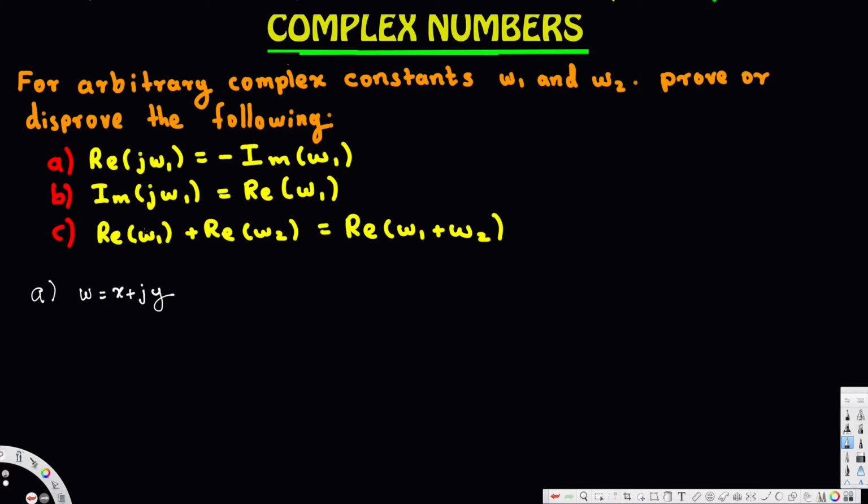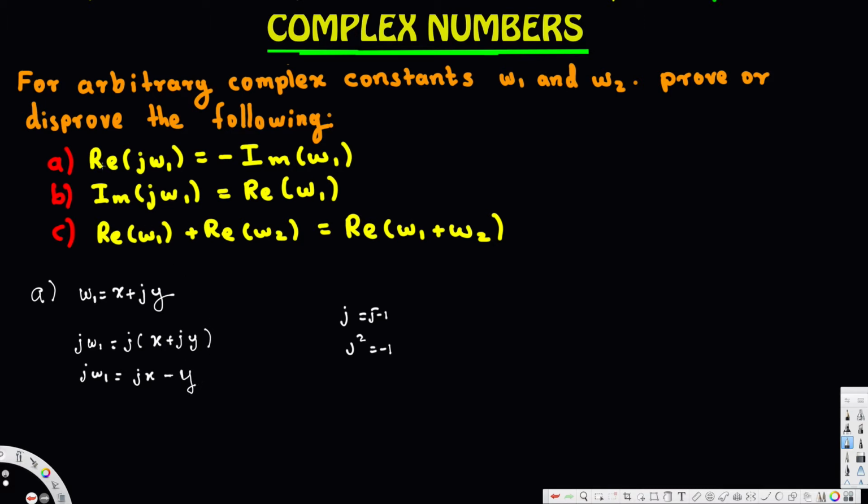In order to do that, first we have to create a jw1 equation. jw1 means we are multiplying w1 by j, so jw1 is equal to j times (x + jy), and here we are going to have jx, and this is going to become minus because j is equal to the square root of -1, and therefore j squared is -1. So when we multiply here, this becomes j squared, which is -1 times y, that's just -y.